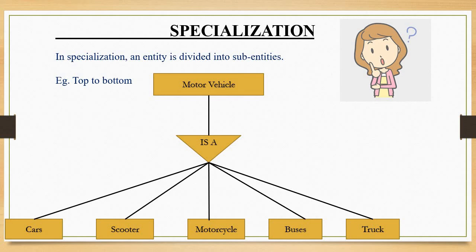If I take an example, motor vehicle, here the relation is A, and under the motor vehicle category there are five vehicles: cars, scooters, motorcycles, buses and trucks. Basically, specialization is a method to divide an entity into sub-entities in top to bottom criteria.